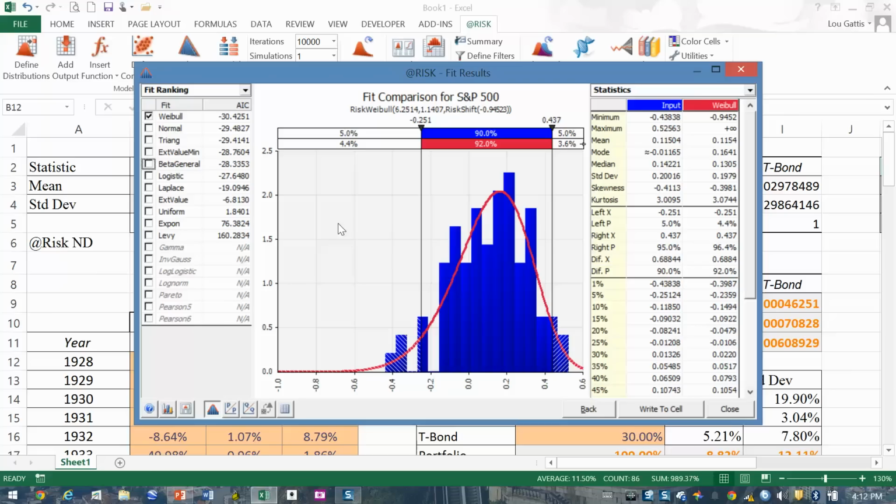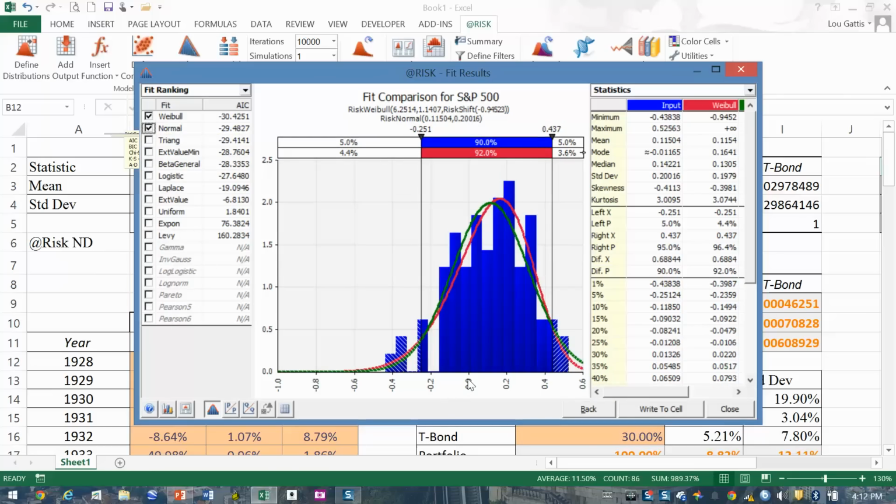It's going to look at the data, plot a histogram, that's in blue, and then plot what it considers the best fit. And the best fit is a Weibull distribution, closely followed by normal. Now if I click on the normal, it'll plot both of them. So the blue line is actually the plot of how the normal fits, and it looks like the Weibull in red is a little bit fatter on the left tail there and thinner on the right tail.